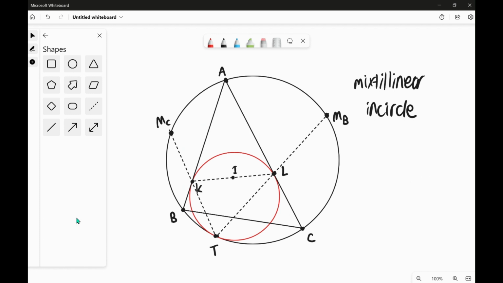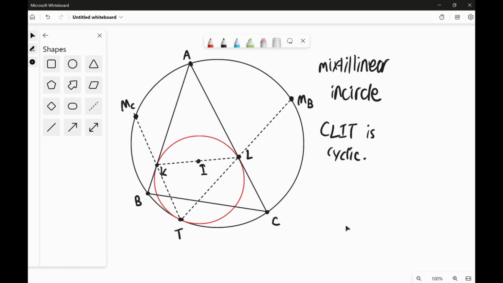And now that we know this, we're going to introduce a little fact here that CLIT is cyclic. So how can we go about proving this?